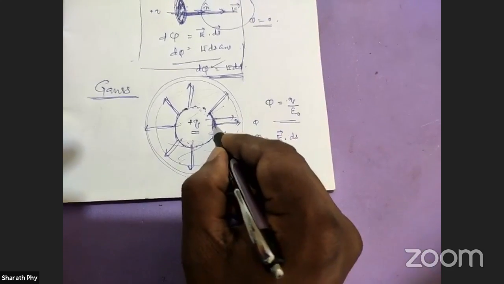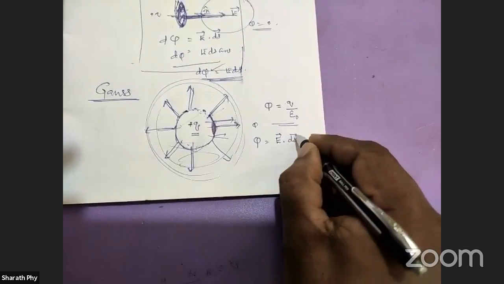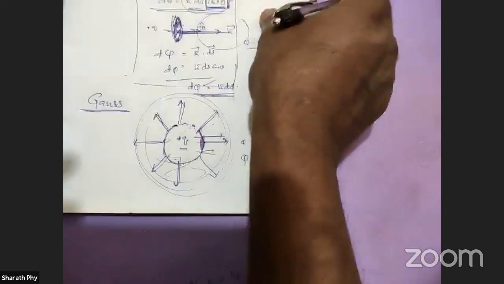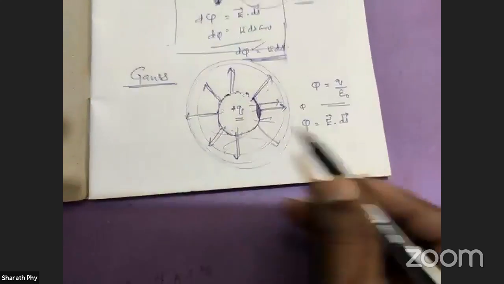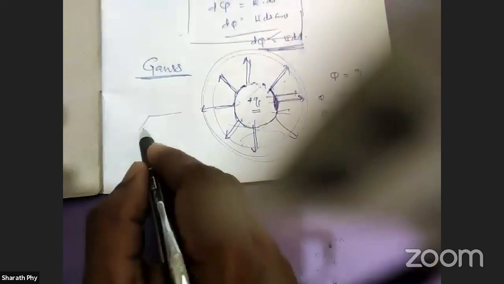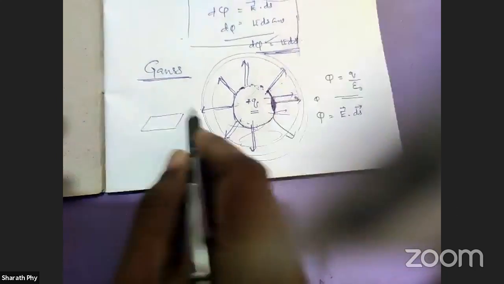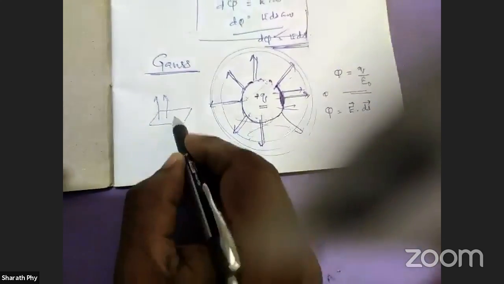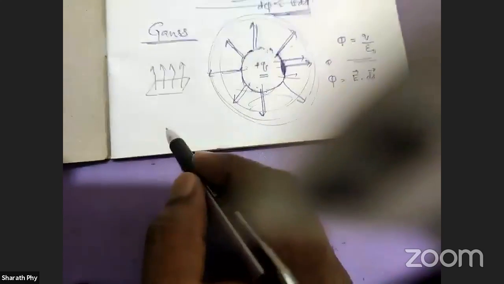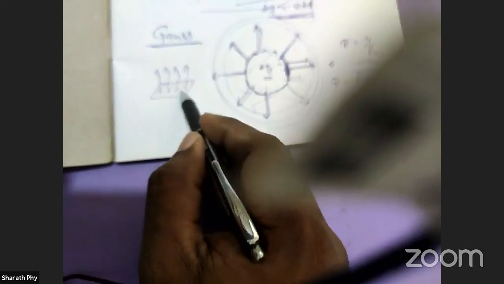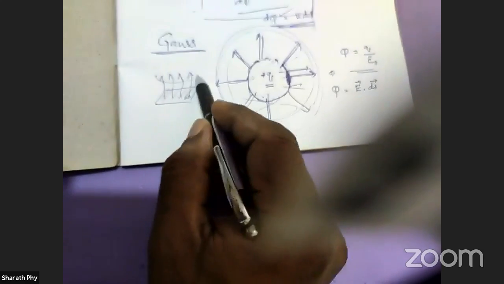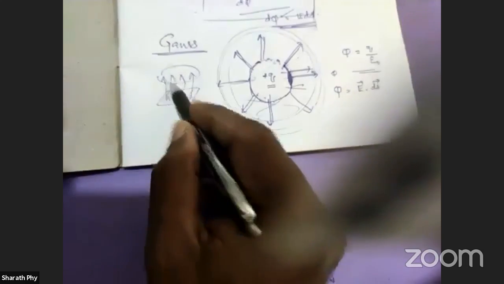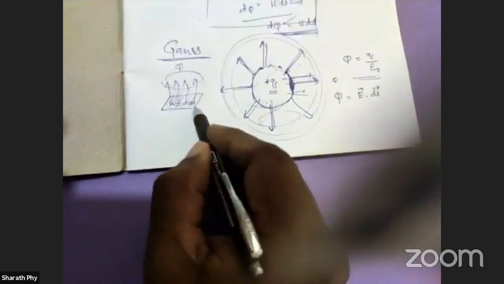Here the point is how to calculate the total flux. If the surface is like this, we call it an open surface. Here all electric field lines are coming out. So this is the area, and the number of electric field lines coming normally from an area gives the flux.